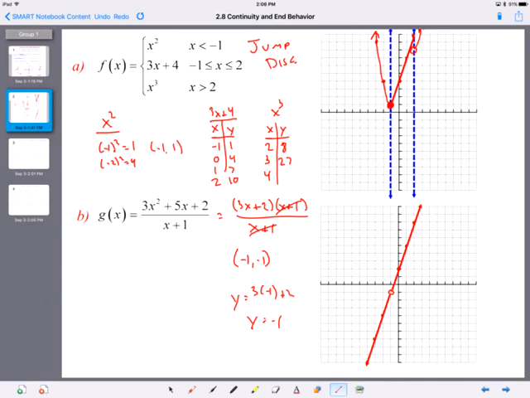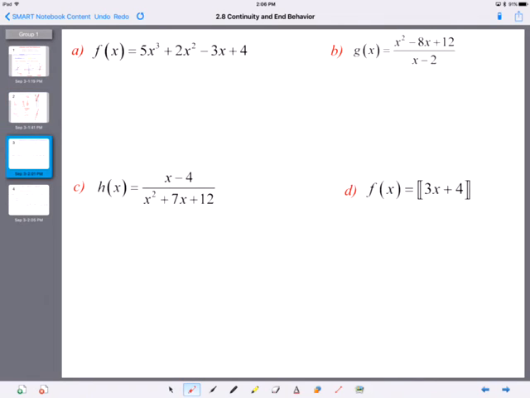And so it's a line with a hole in it. And so what kind of discontinuity is this? This would be point discontinuity. And there you go. Okay, so you can identify some of these things actually without ever graphing them, but just kind of practice graphing as well.